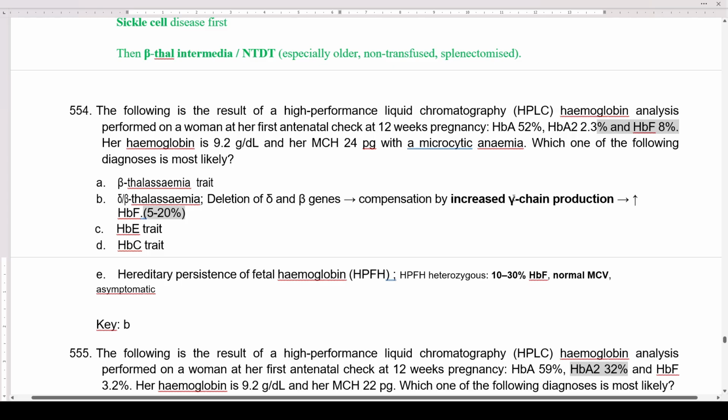There will be increased gamma chain production. When gamma chain combines with alpha chain, there will be production of HbF. That's why in patients with heterozygous delta beta thalassemia, HbF is increased from 5 to 20%. HbA2 value is normal or slightly reduced. So this is a case of delta beta thalassemia.